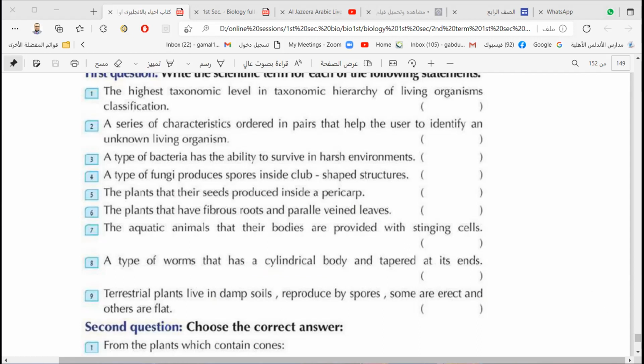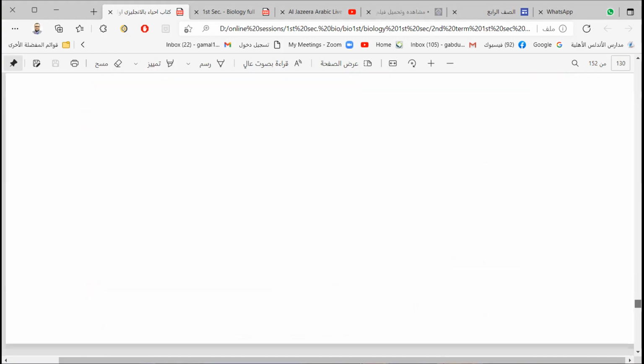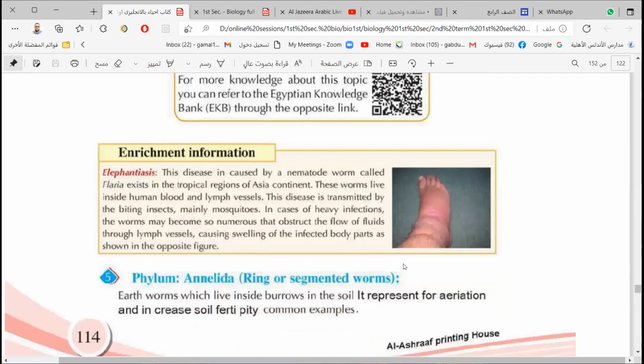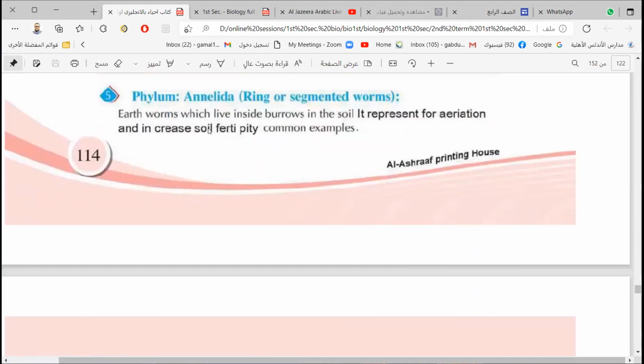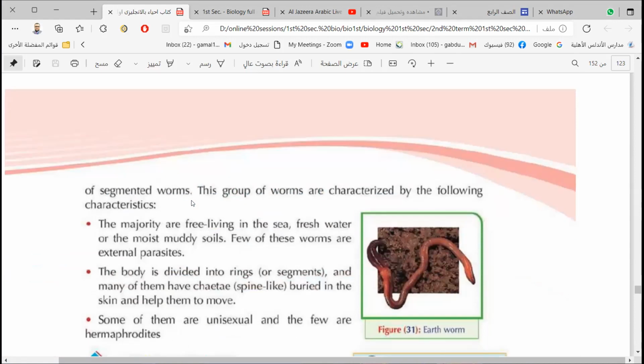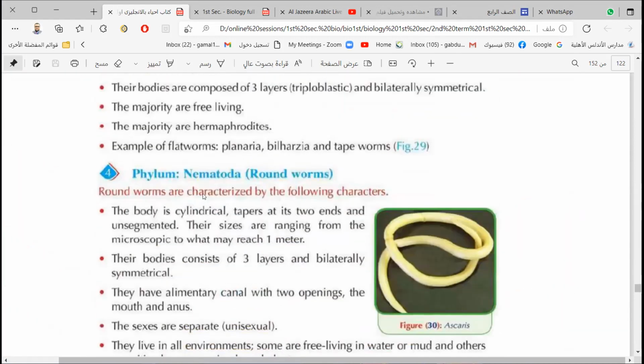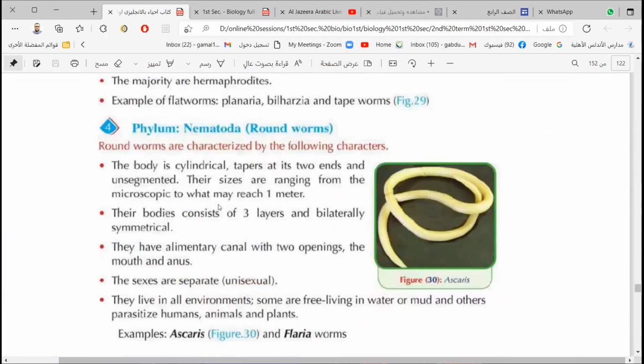Let's go back to watch it. The worm here. We have annelida. Annelida or ringworms are segmented. This is the earthworm, but we need the answer here, which is the nematoda. Nematoda is our answer. Ascaris is from nematoda.